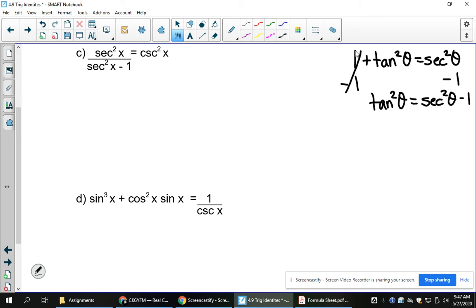Look at the question. Why did I do that? Well, secant squared minus 1 is right there in the denominator. Perhaps if I sub it out for tan squared, I can get this a little bit simpler.